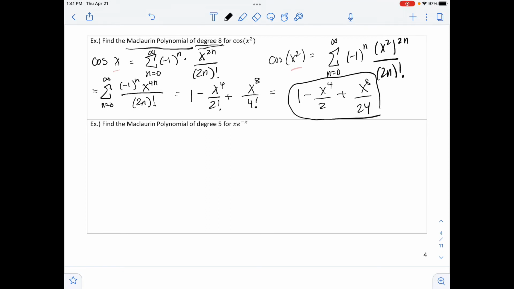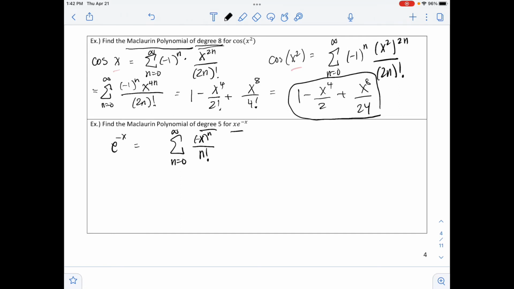The next example says, find the Maclaurin polynomial of degree 5 for x e to the negative x. So the first thing that we know is that e to the negative x would be equal to the sum from n equals 0 to infinity of, and instead of x raised to the nth power, I'm going to put negative x raised to the nth power over n factorial.